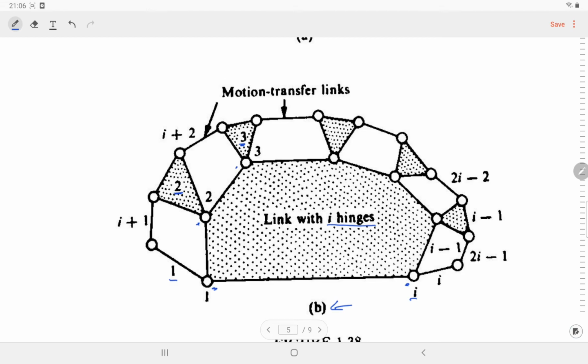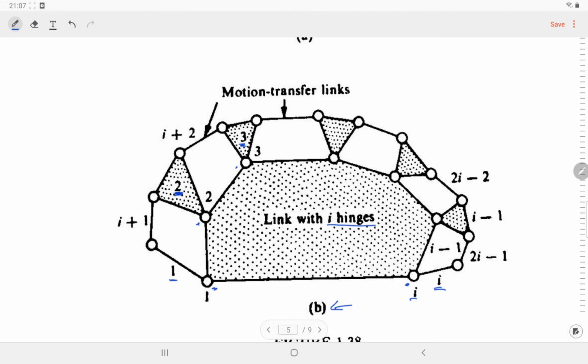If we count the number of links, for each hinge there will be one link. So i links are connected with this link in i hinges.